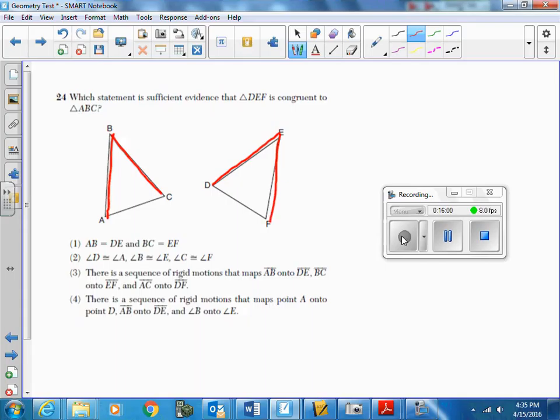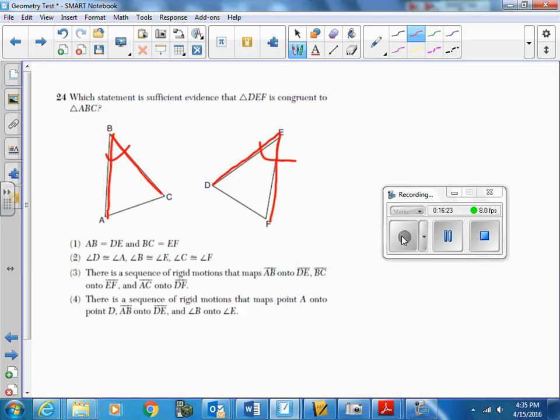Well, if you remember going back to congruence, or when we talked about it, how do you prove two triangles congruent? You need more than just two sides. Maybe if we had an angle, like if we knew that this angle was equal, that'd be different. But we don't know that. So they just give us two sides being equal.